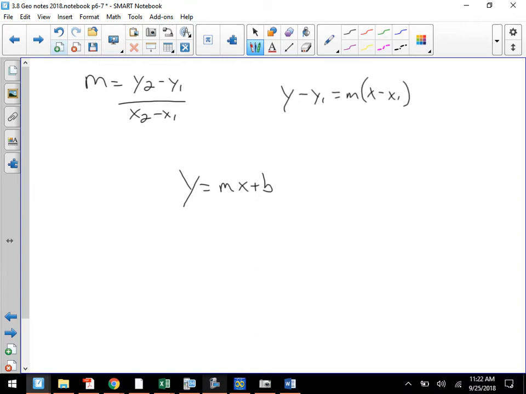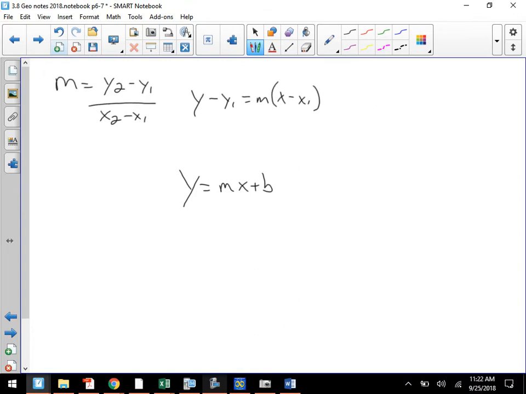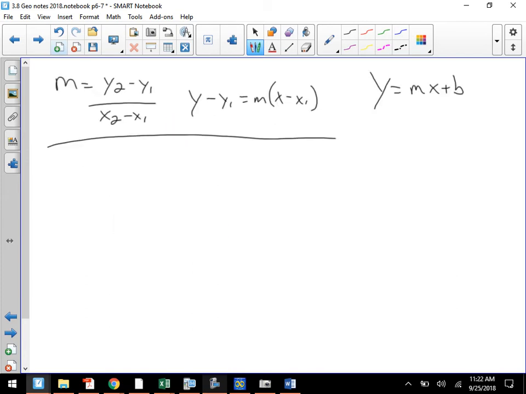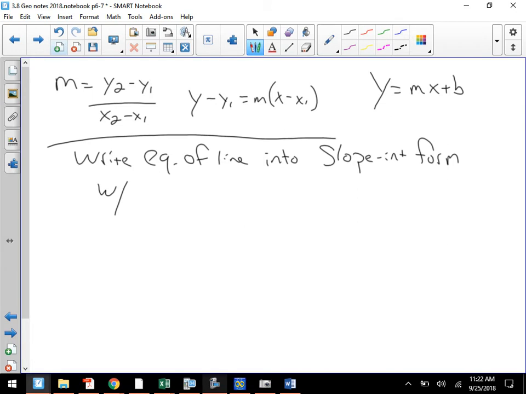For example, if I say write the equation of the line into slope-intercept form with the following info.